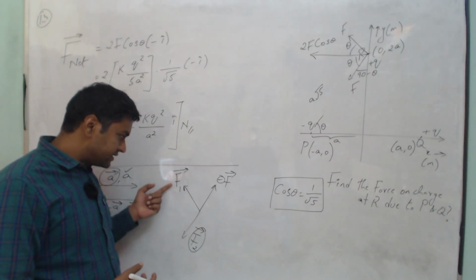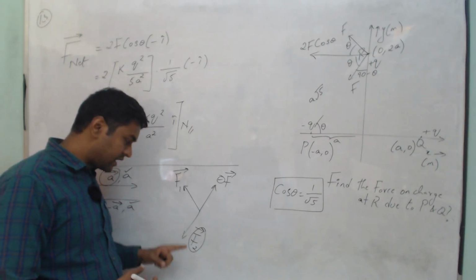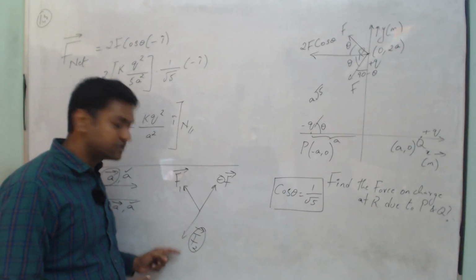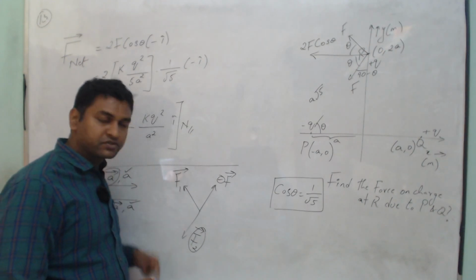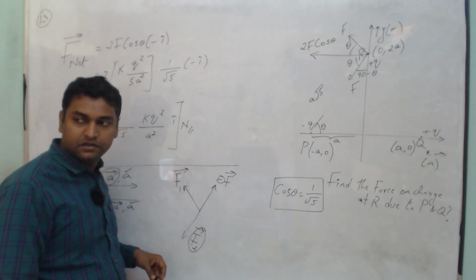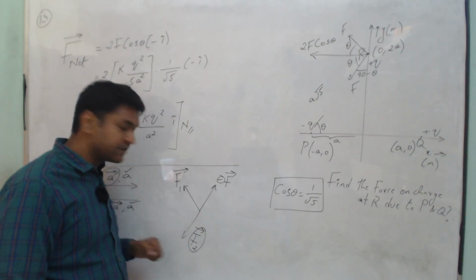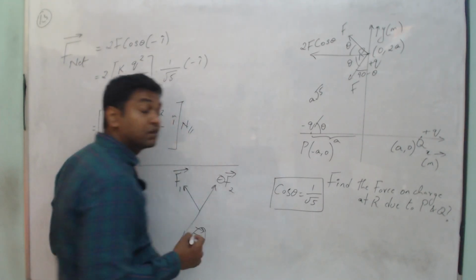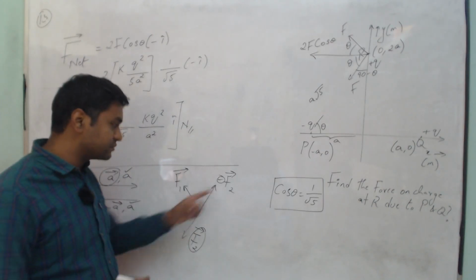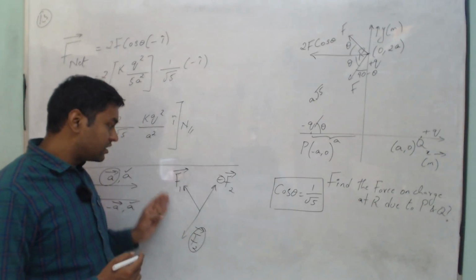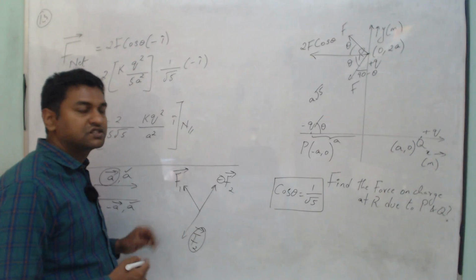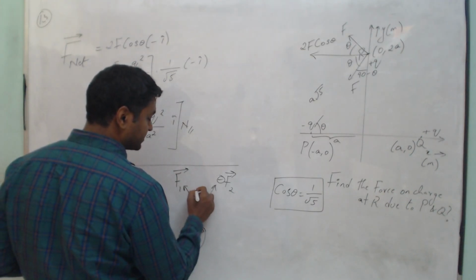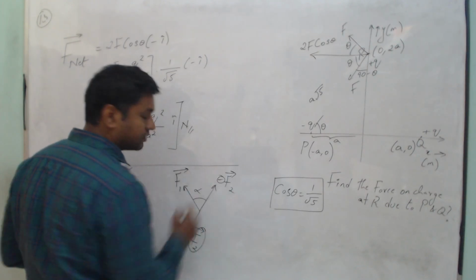So if I call this f1 bar, then I'll have to call this f2 bar. This cannot be f1 because this one's direction and that one's direction are different. If I call this vector f2 bar, I'll have to call this vector minus f2 bar. Only then can I call it minus f2 bar. Now once you come to this stage, you find the angle between these two vectors, let us say it is some alpha.